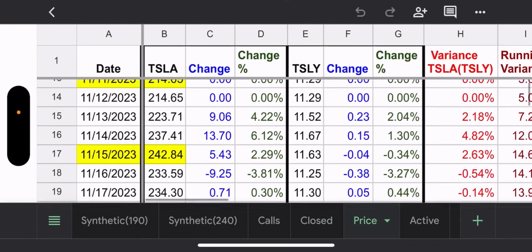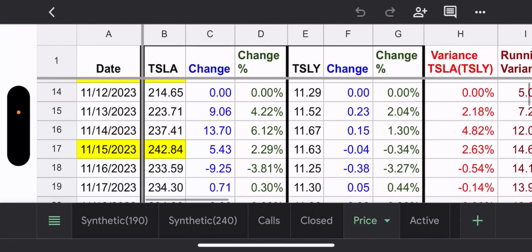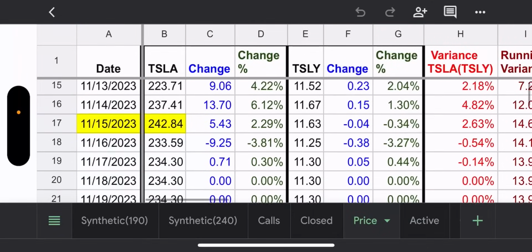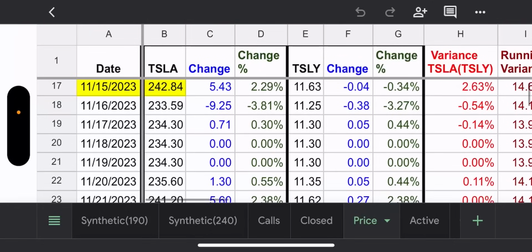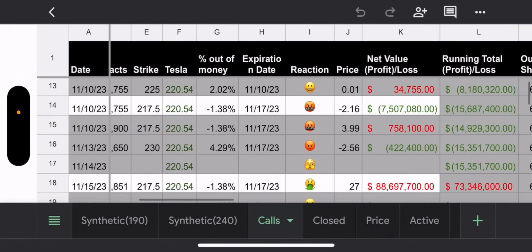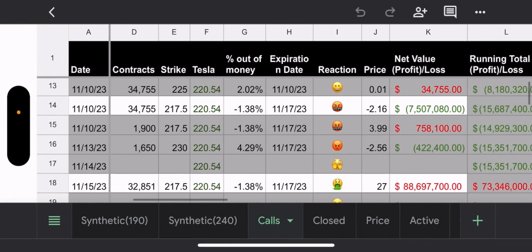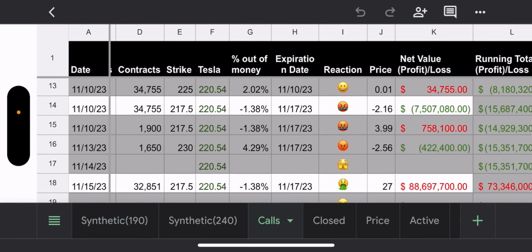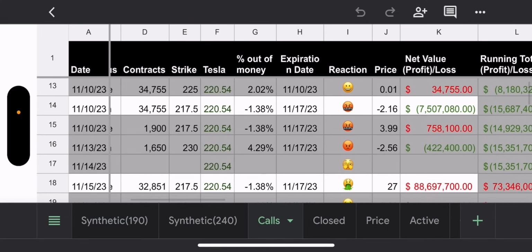So this 217.50 from the 214 position got absolutely hammered when they went to 242. Wow. So yes, they got the most gains in premium, which was 7.5 million, you'll see under column K. But row 18, on November 15th, they had to pay $88.6 million to close it. The damage was done.